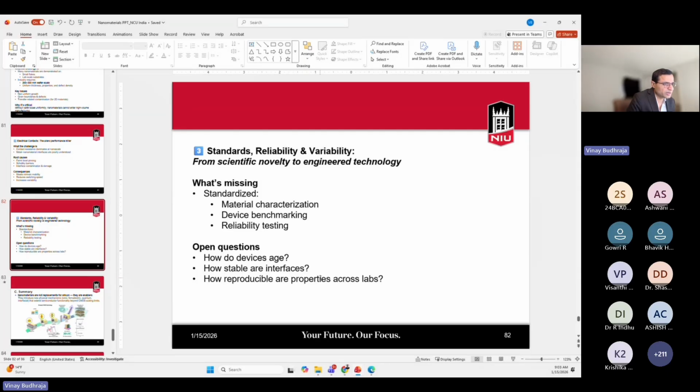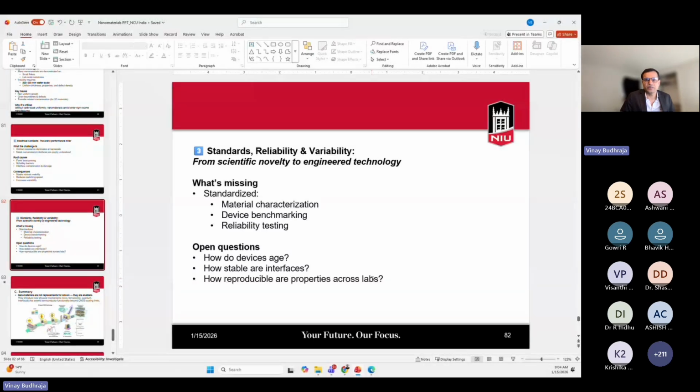How reproducible are properties across labs? And it depends on the applications. If I take the example of organic materials, they are nicely used in biosensing applications, but the organic compounds are not stable. So that is really one challenge.